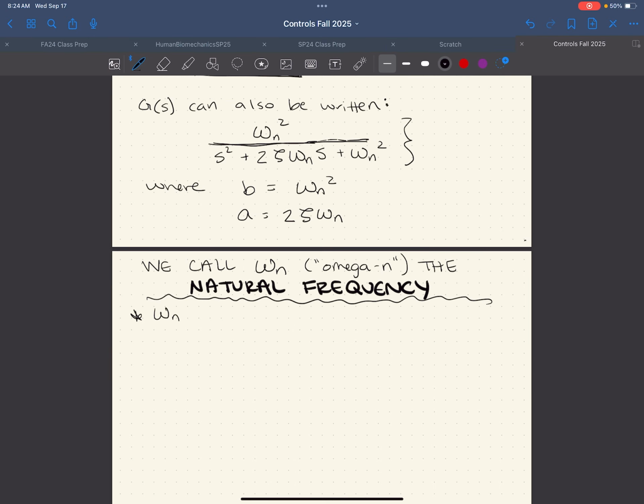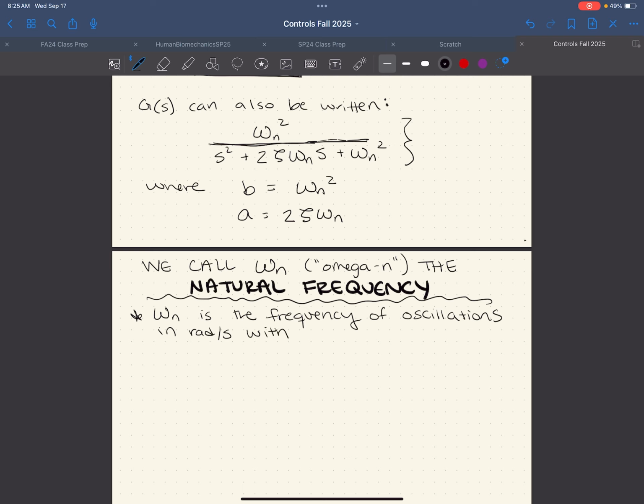Omega n, the natural frequency, is the frequency of oscillations in radians per second. So it's important to note that this is by definition in units of radians per second.